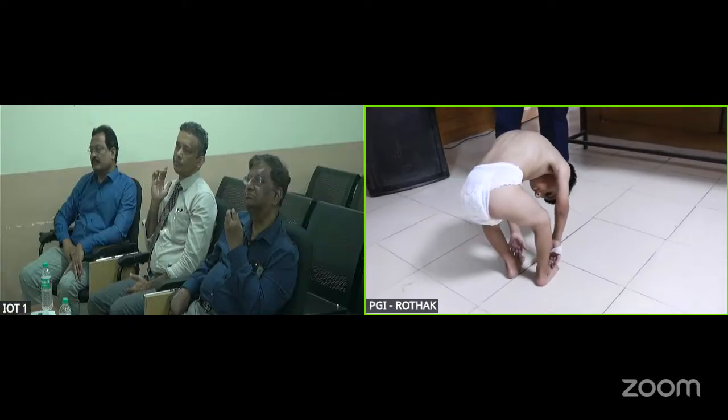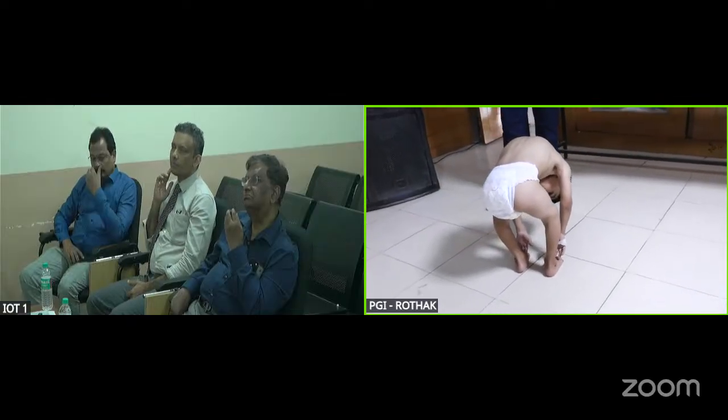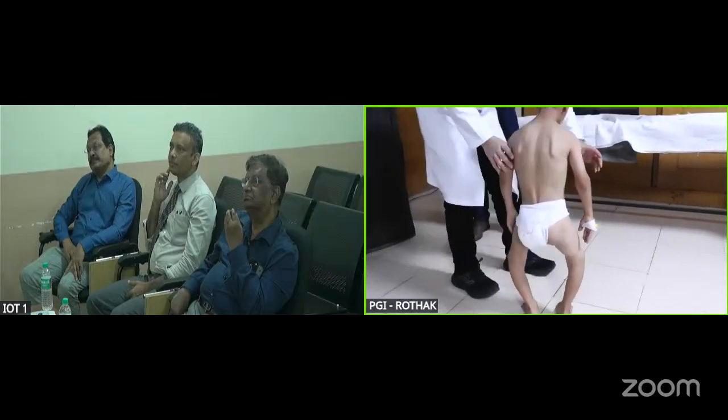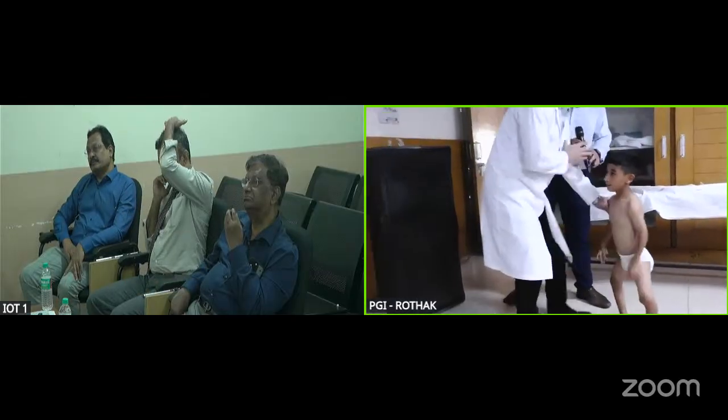Okay, he doesn't have any scoliosis. Okay. The X-ray is fine.